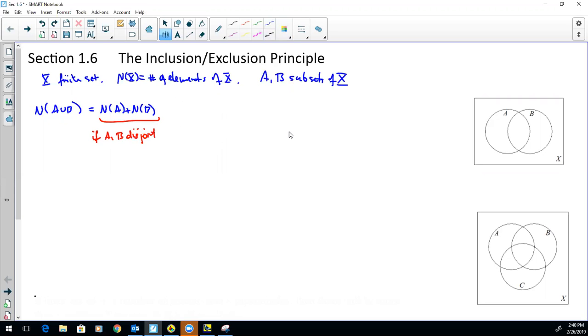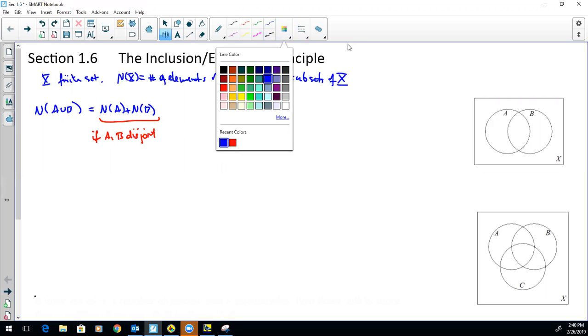We just add the number of things in A plus the number of things in B, and that tells us the number of things in the union.